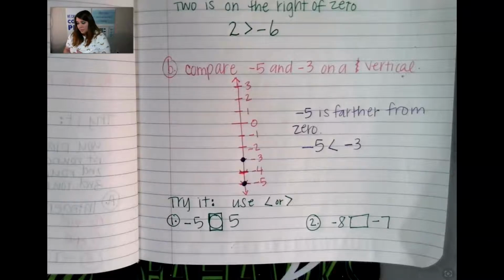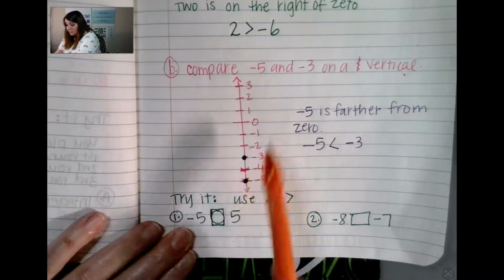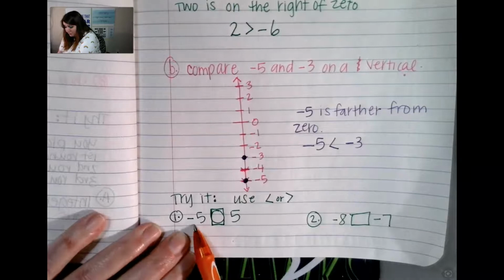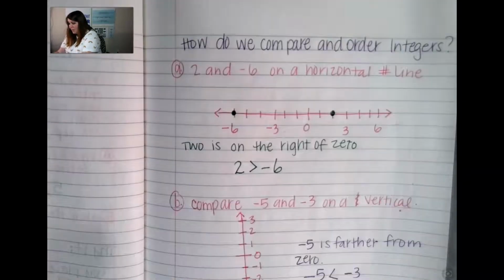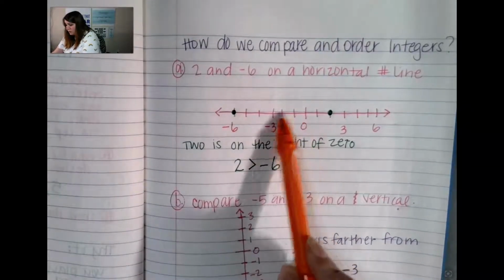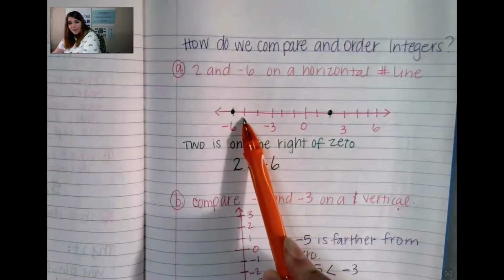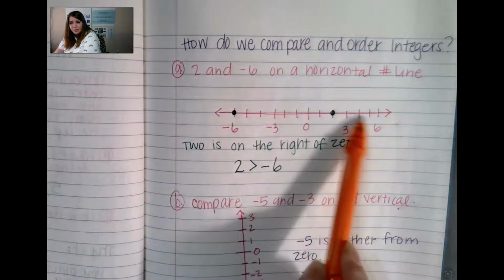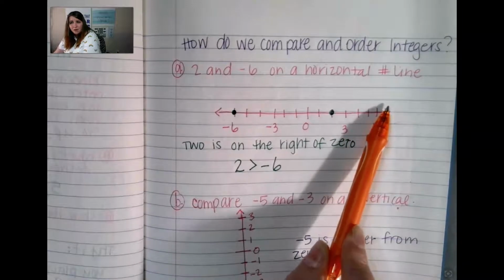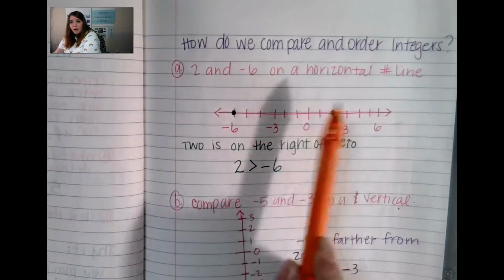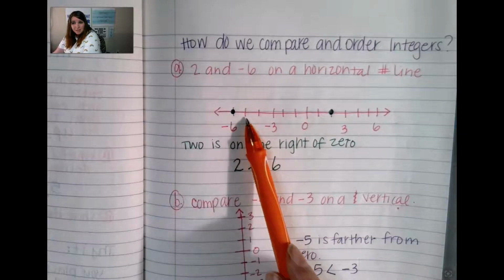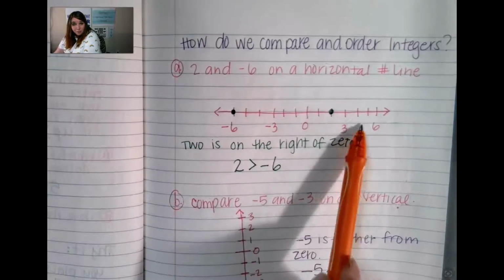All right, I'm going to come up here and use this number line on a vertical. I'm going to see that if I jump to -5, it's less than 5 because I want to be on the right of 0 to be bigger. I don't want to owe someone money. I want somebody to give me money.